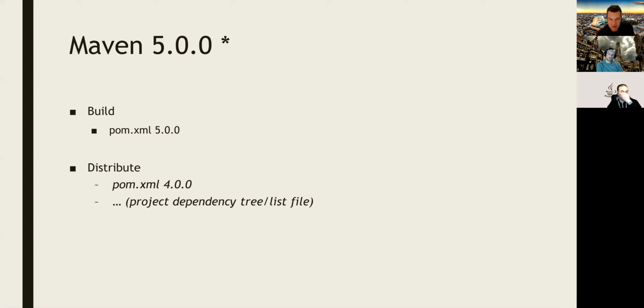Like I said, the 4.0 model isn't perfect, so maybe we could introduce some new files that are more capable of new features. For instance, introducing some hashes to really see that you're using an explicit dependency and not getting a different one. These are all kinds of ideas that we could introduce.